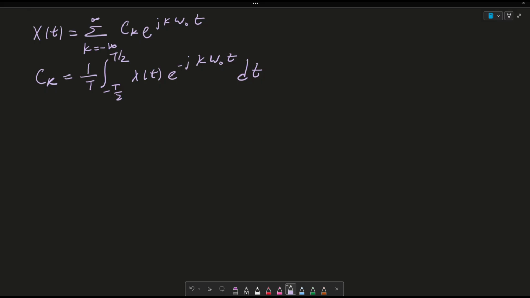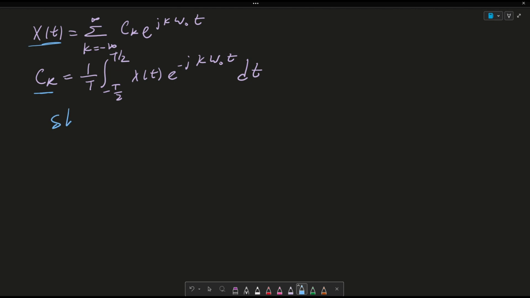Okay, so in this screen, what I've done was I've written out my x(t) and my coefficient c_k, and I've substituted my periods from -T/2 to T/2. In order to solve for c_k and x(t), we want to note two properties.